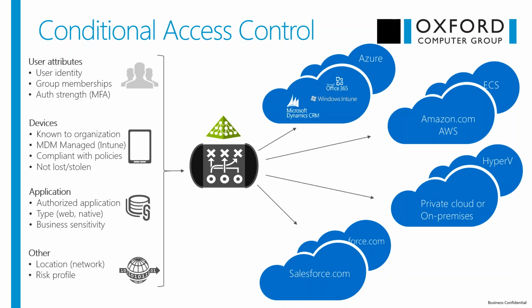So if a user signs in from one location and then 5 minutes later they're across the world in India, well, maybe we challenge them for MFA, maybe we make them reset their password, or maybe we just deny them access.